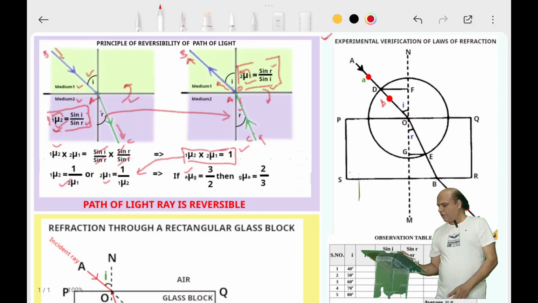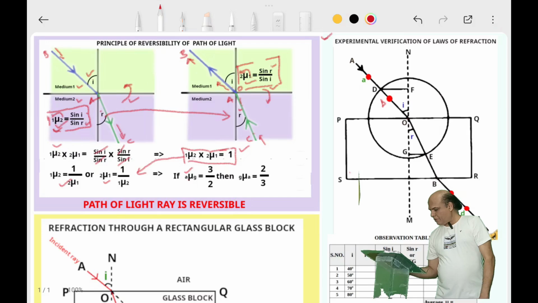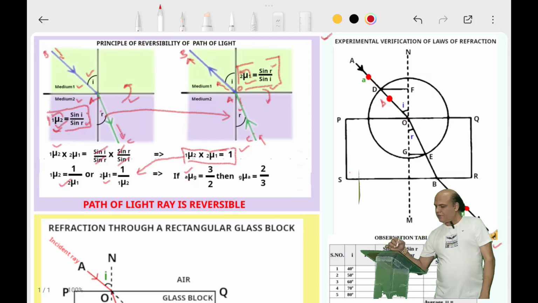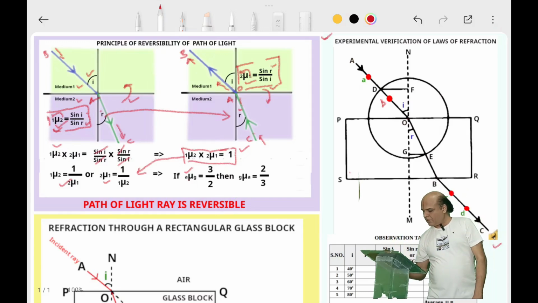Now you go and watch from here. You try to look at the drawing pins that are fixed on the other side of the rectangular block.